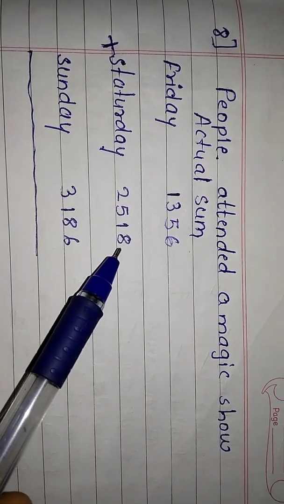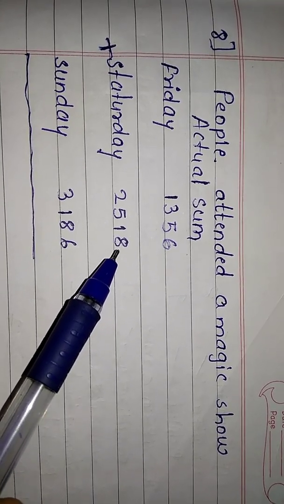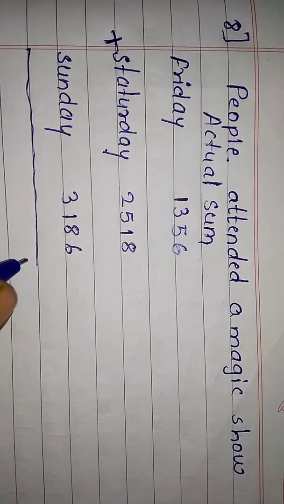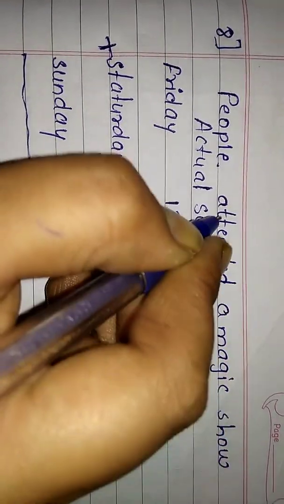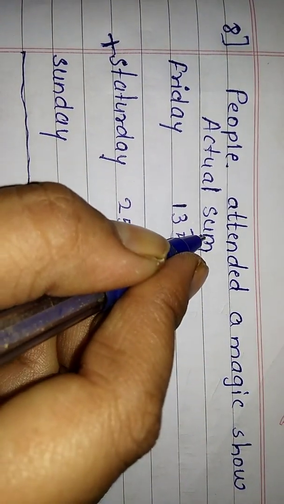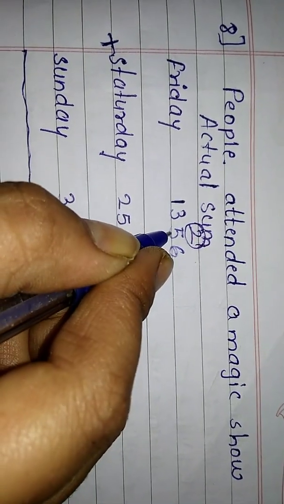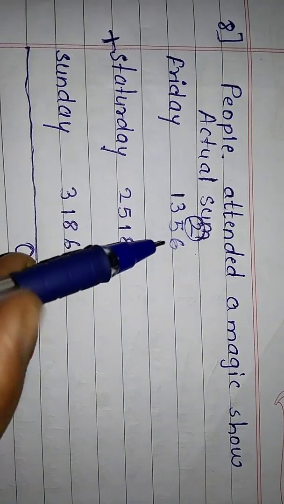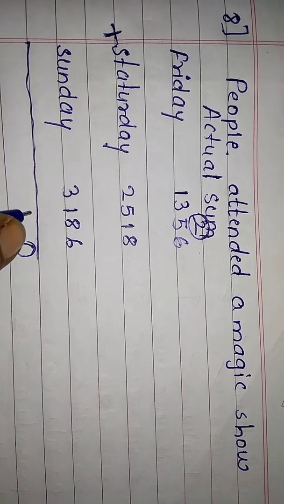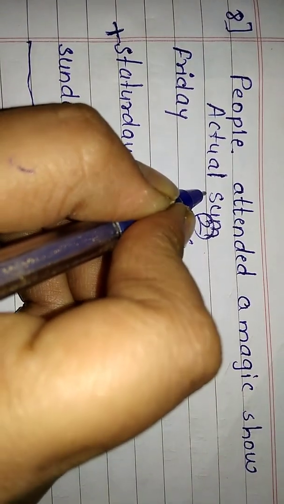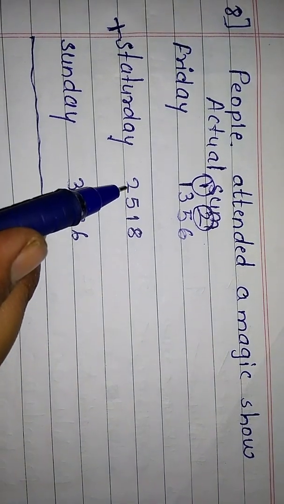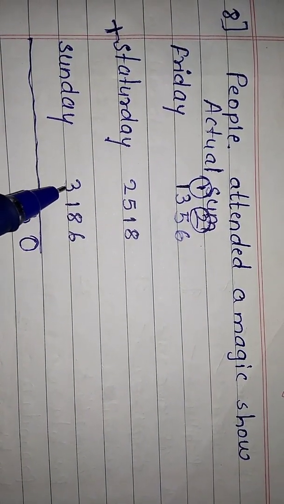6 plus 8, 14 plus 6, 20. Okay, now here 0 will come, 2 for the carry. 5, 6, 7, 7 plus 5 is 12, 13, 3 here, 1 is carry for here. 1 plus 1 is 2, 3, 4, 5, 6, 7.